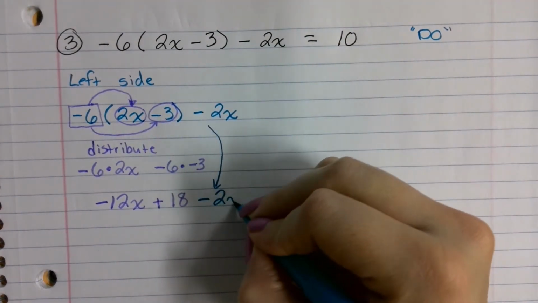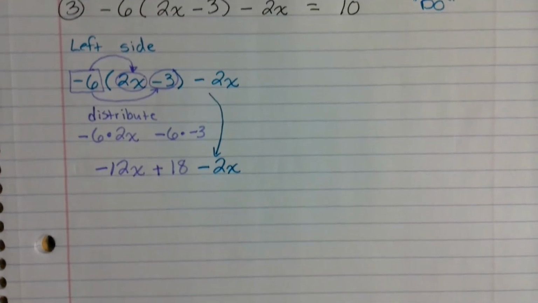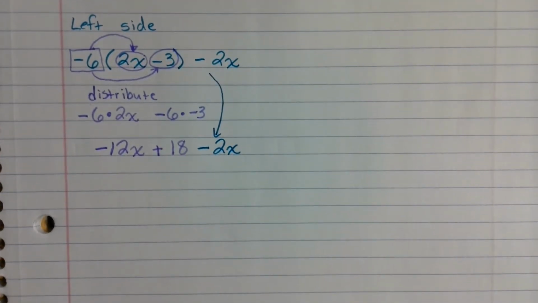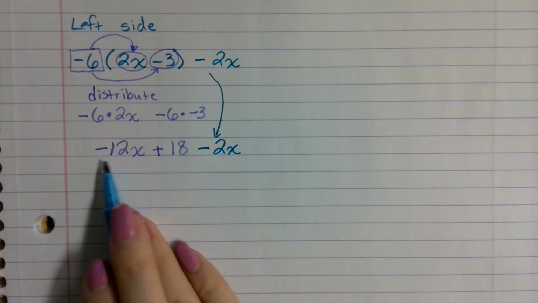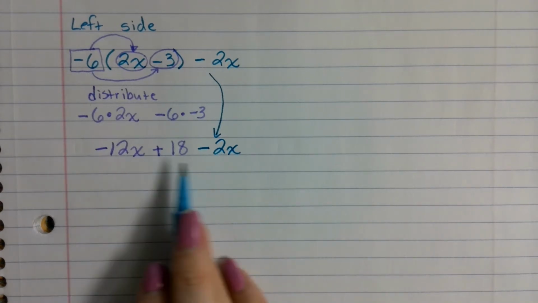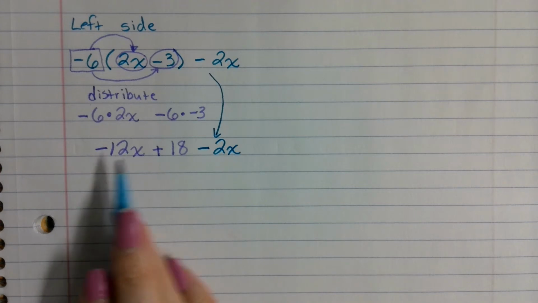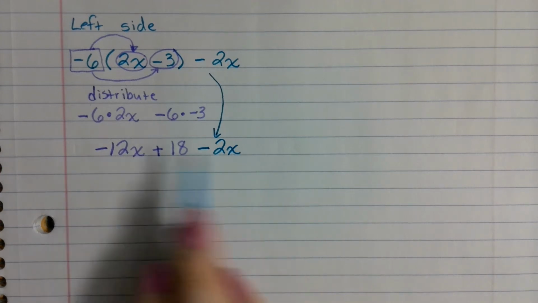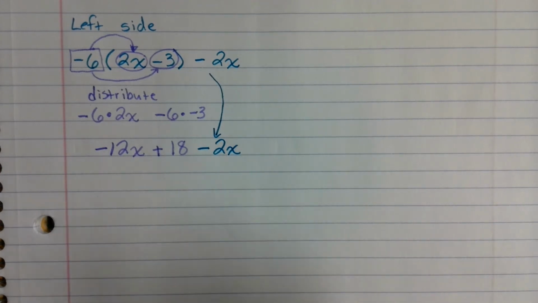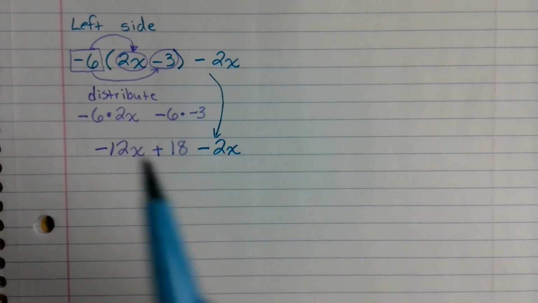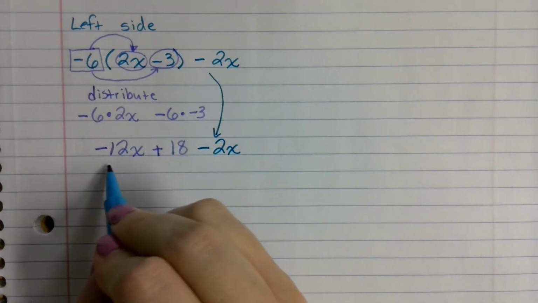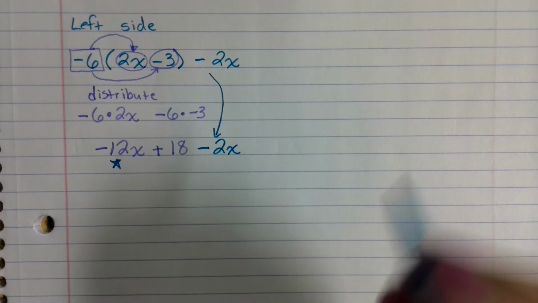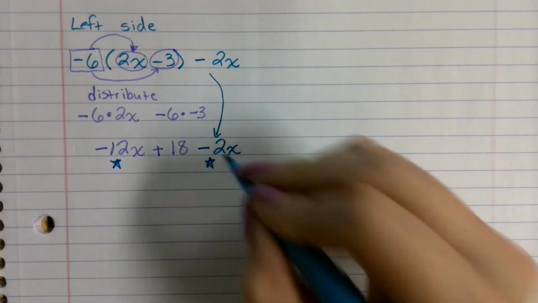And now I ask myself, is this simplified? Why not? Because you still have like terms. That's right. You still have two sets of variables here that you could combine together. So we can take this negative 12x and combine it with this negative 2x.